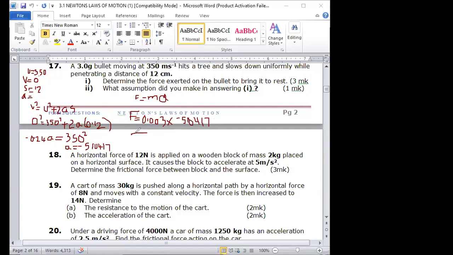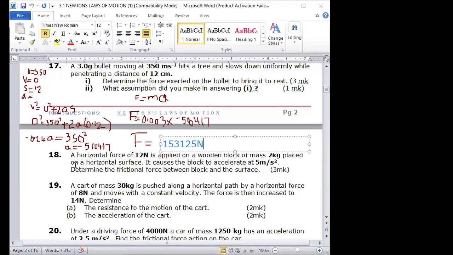If you work out, our F becomes 0.003 multiplied by that value, and I'm getting 153,125 newtons. That becomes our final answer. Then we can move to question number 18.